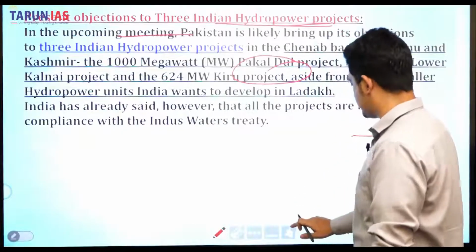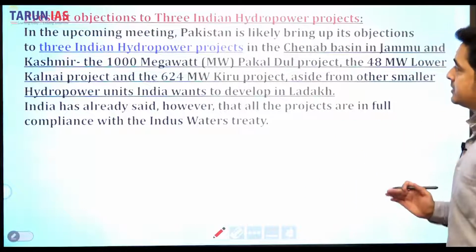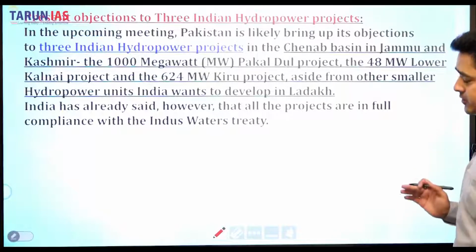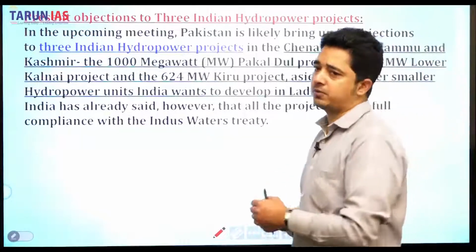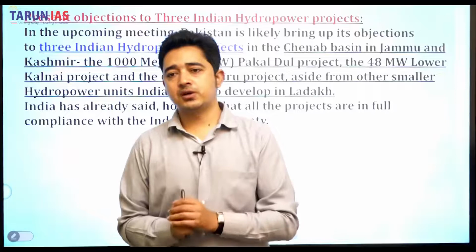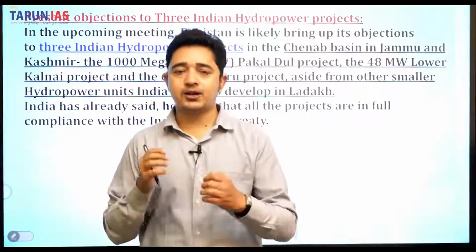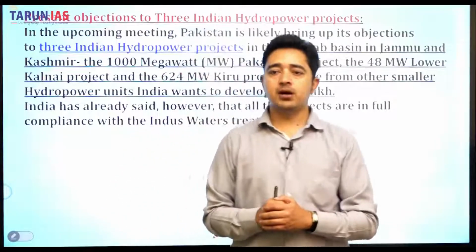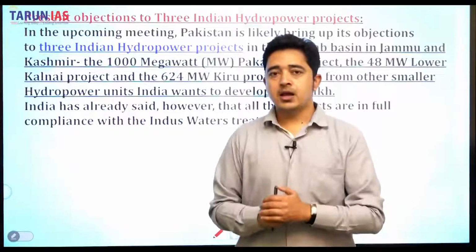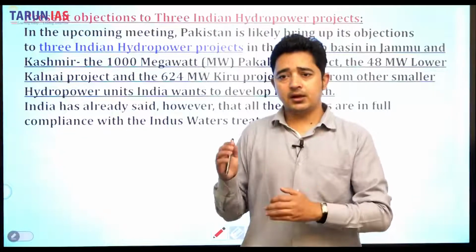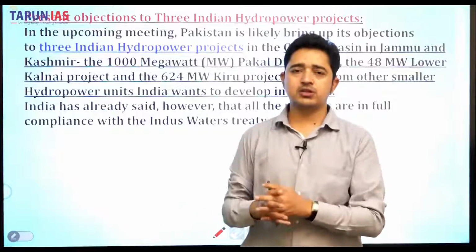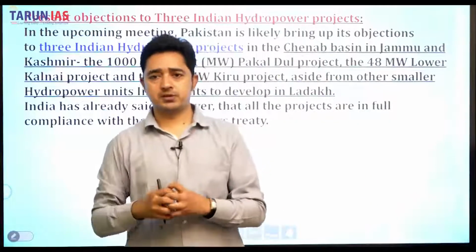So basically we can say, Pakistan is likely to present objections to three Indian hydropower projects. As we can say, the geopolitical interest is also important. Both countries want hydropower projects, and hydropower projects are also important because we can generate electricity, and most of the discom companies want hydropower projects.